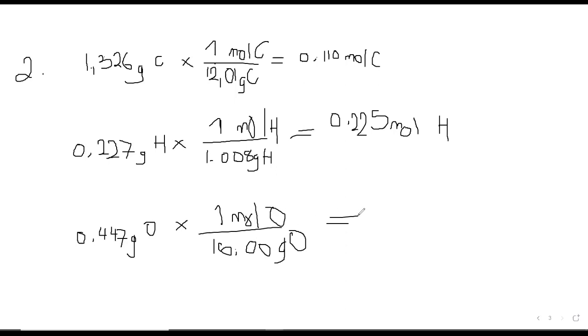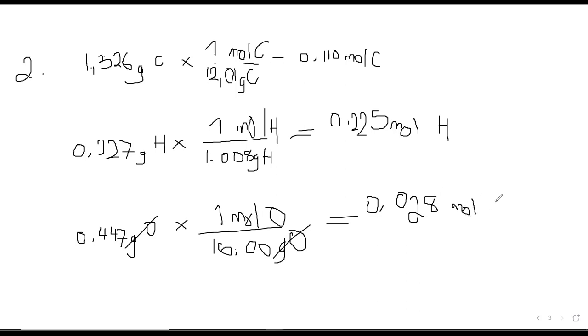So 0.447 divided by 16, of course the units cancel, and we have 0.028 moles of oxygen.